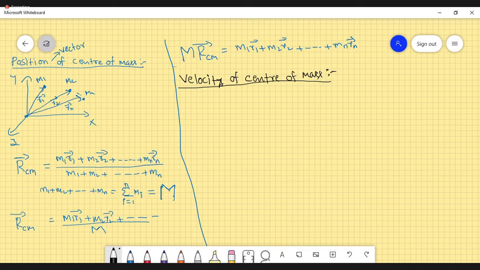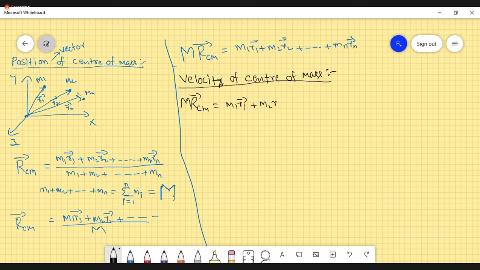It is nothing but the rate of change of displacement, that is, the rate of change of position vector. Now let us consider the position vector R_CM. The same equation: M into R_CM equals m1 r1 plus m2 r2 plus and so on.